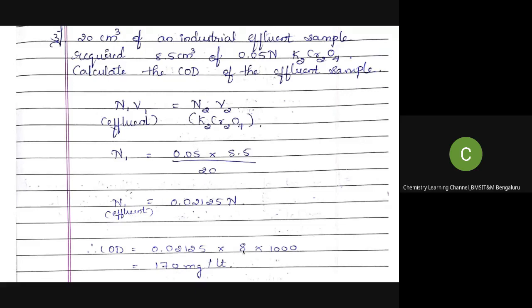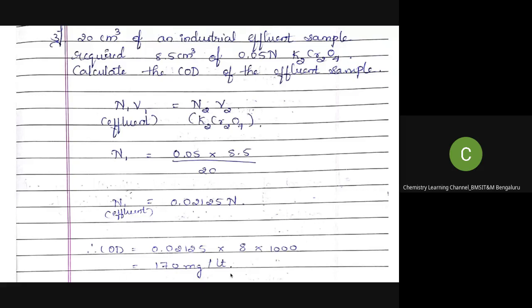As we are studying this with respect to the oxygen demand, the amount of oxygen required for the oxidation of the organic materials present in the effluent sample, it is with respect to oxygen, so multiply it by 8, which is the equivalent mass of oxygen, and multiply it by 1000 as the unit is in terms of mg per liter. So take this answer, multiply it by 8000, and you will get the final answer, that is the COD of the effluent sample.